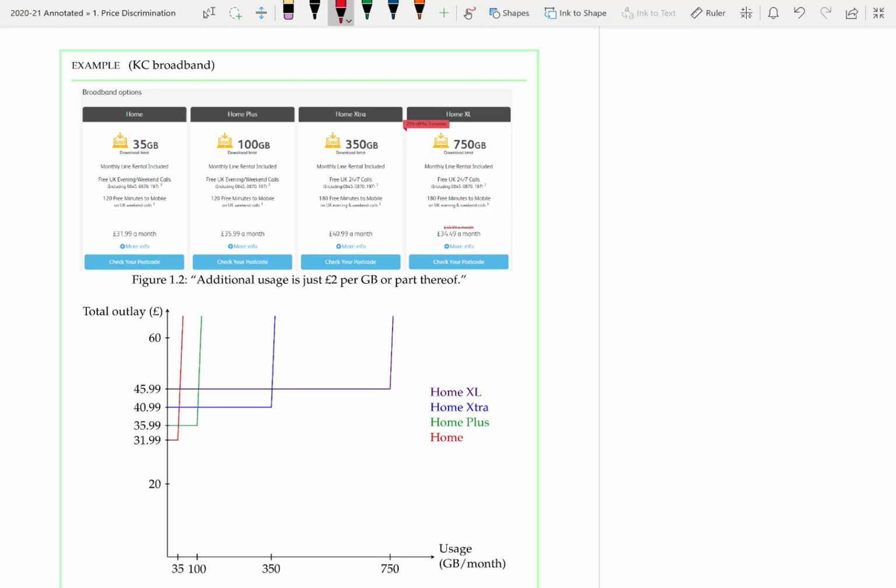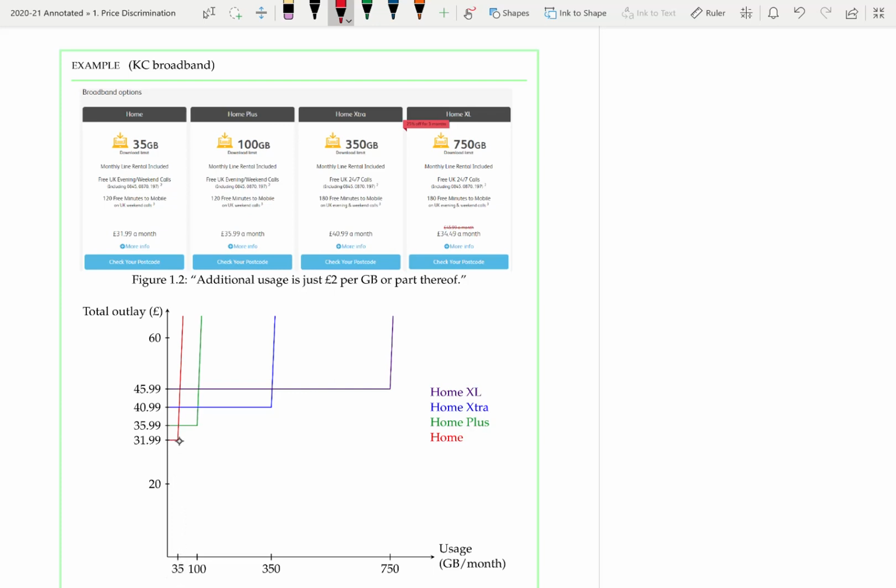So on the diagram here, we have the usage, this is the quantity, and we have the total outlay. And for that first plan, that plan in the diagram is in red, so that's the home plan. If they use none of their bandwidth, they pay £31.99, and they keep paying £31.99 up to the point where they reach their limit of 35 gigabytes.